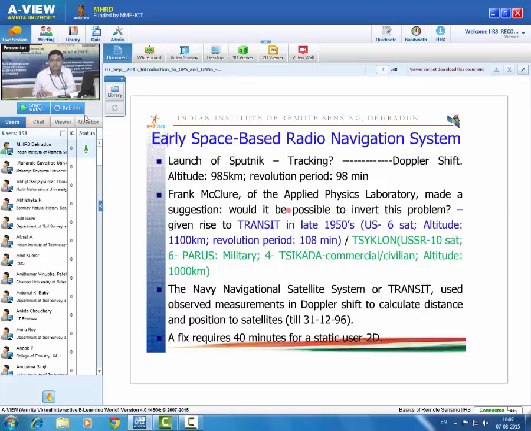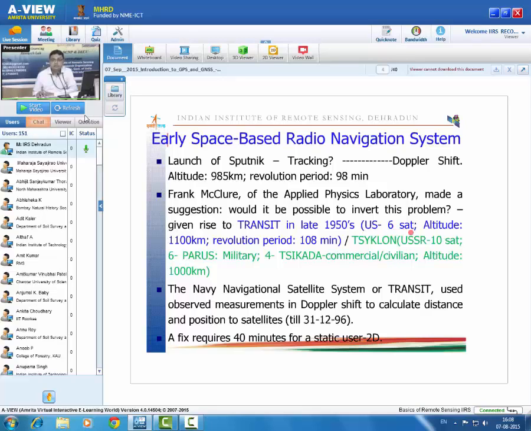That was the idea given by Frank McClure, and it was developed over time and resulted in the formation of Transit in the late 1950s. The United States of America started a space-based program in which they launched 6 satellites.